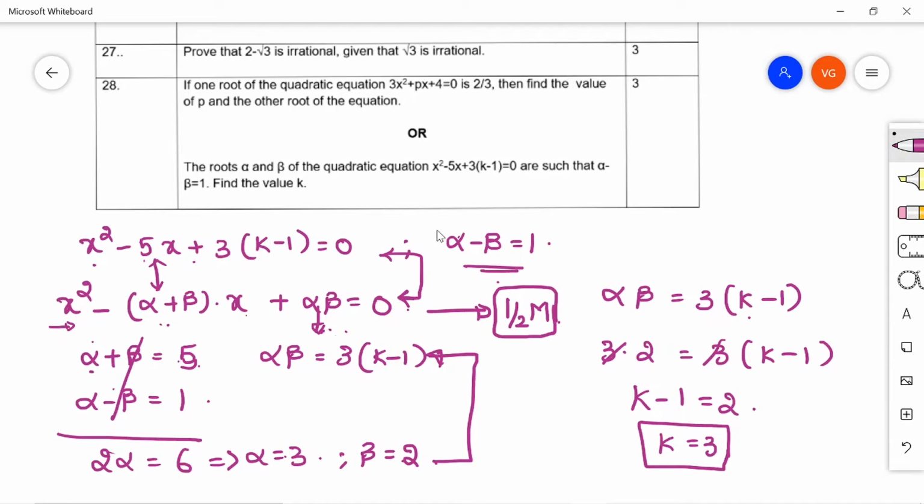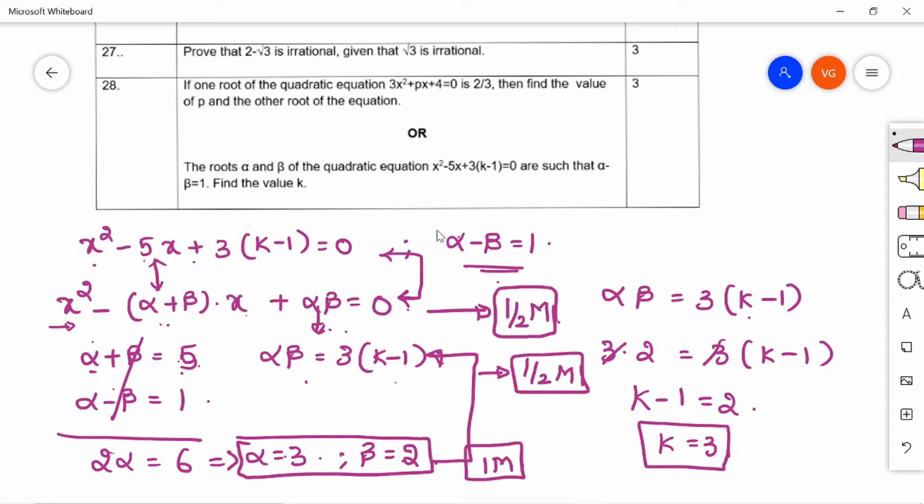From here, if you are writing alpha plus beta and alpha beta values, you will get another half mark. Finding the values of alpha and beta, you will get 1 mark. Then getting the value of k, you will get another 1 mark. So this is the marking criteria for this question number 28.